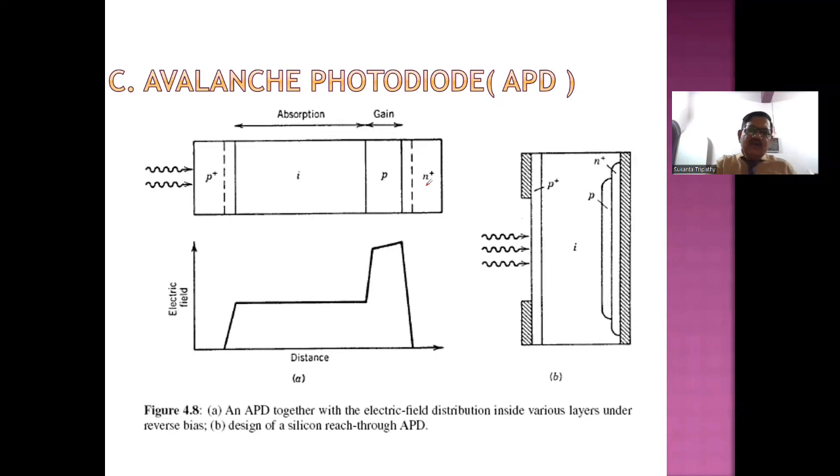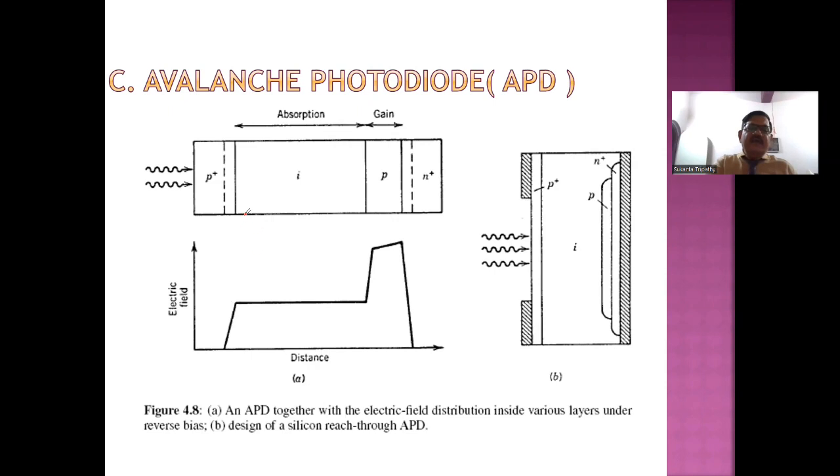When you have a junction between the moderately doped p-type and the heavily doped n-type semiconductor, you can show that there will be an enhancement of electric field in this region. Basically, corresponding to this junction, you will find that suddenly the electric field which was there in the intrinsic region has increased.